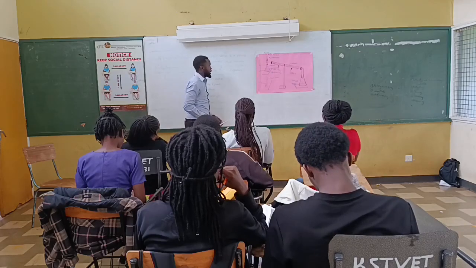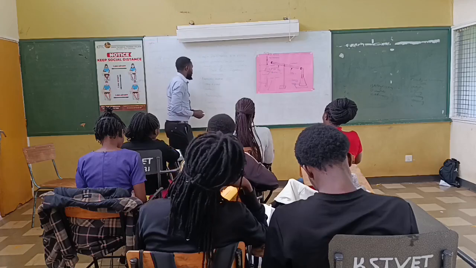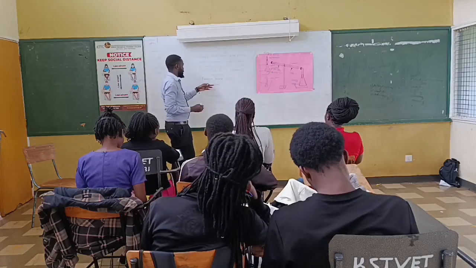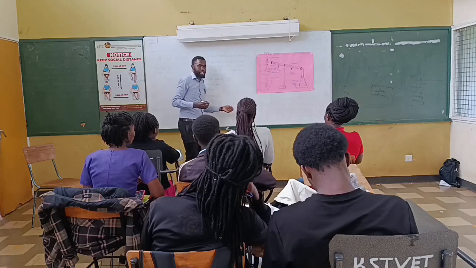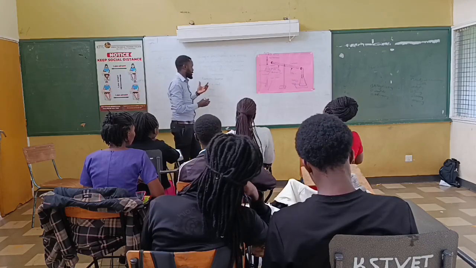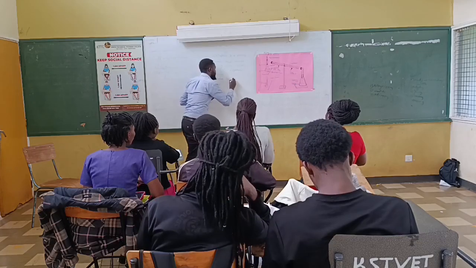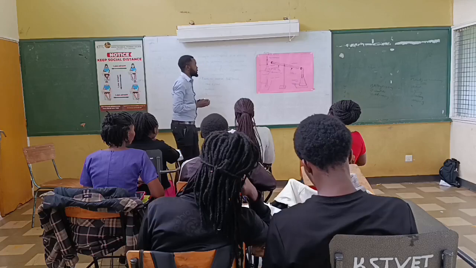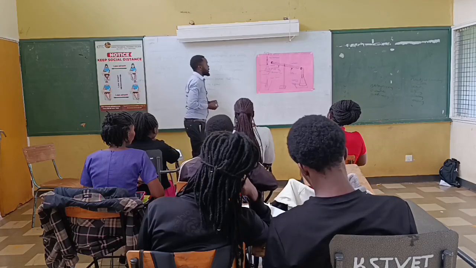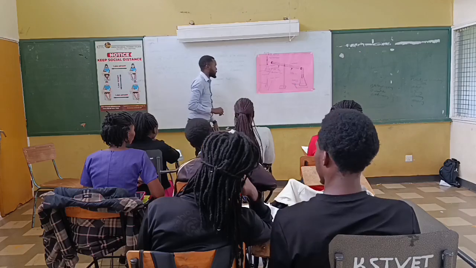Now this that you see here is the heat source. From our components here, it can even be a heating mantle. It necessarily doesn't have to be a Bunsen burner. So this is the heat source. Okay? And then we have the distilling flask right here.